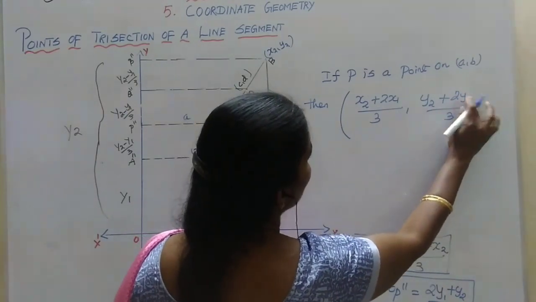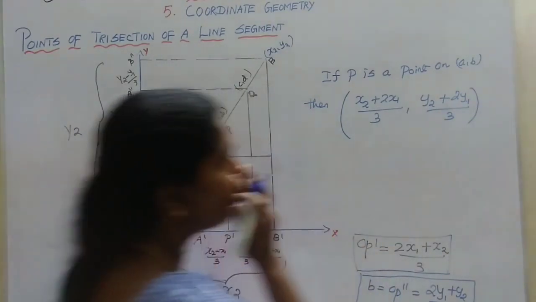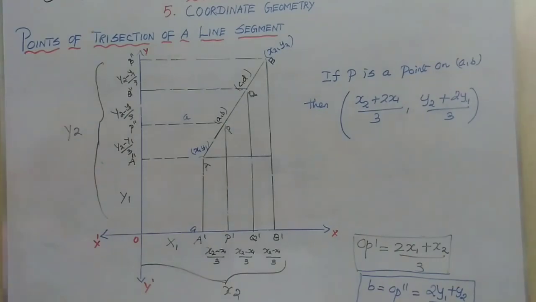This is the formula for the point of trisection of A comma B if we are taking the first point P. Next, if we are taking the second point Q as a point of trisection, what is the formula?